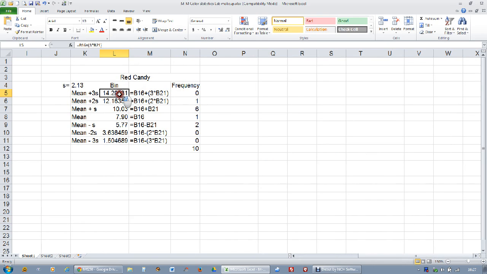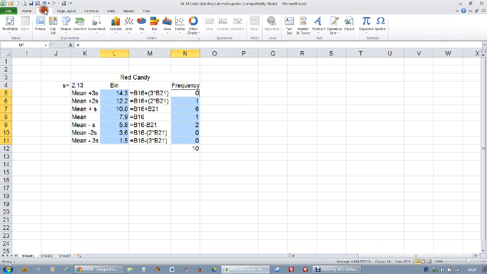So, highlight your bin, and I'm going to reduce the number of decimals in those, and then I'm going to choose my frequency. Notice I do not choose the total. So what I did was I highlighted one column, held down the control key, highlighted the other.